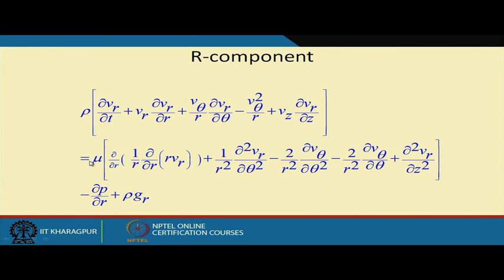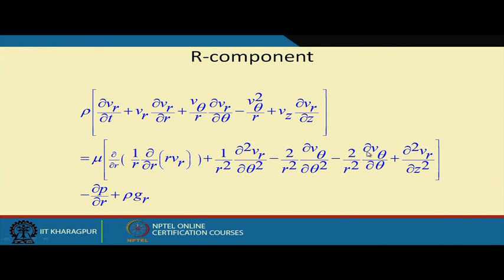Then this is equal to mu del r of 1 by r, since V r is 0, so this again is 0. Del 2 V r del theta square is 0 since V r is 0. Then since del V theta del theta is also 0, this term is also not there.